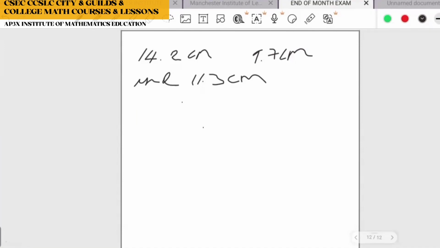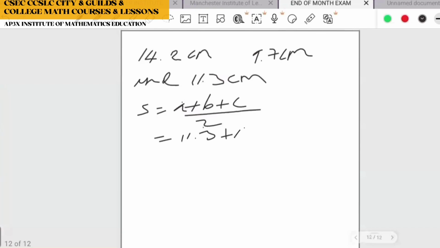Okay, so S equals A plus B plus C divided by 2. So for A, I have 11.3 plus B, which is 14.2, plus C, which is 9.7 divided by 2, and the answer would be 17.6 centimeters.